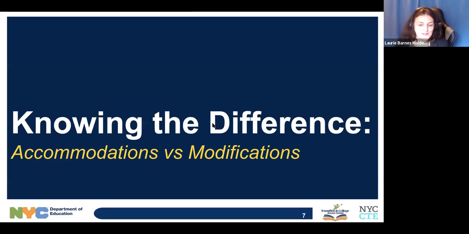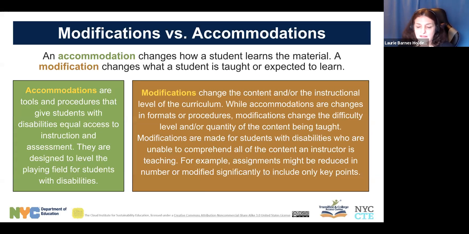Okay, and so let's just start with, we were talking a lot about accommodations and modifications in our previous two sessions. So let's talk about the difference between accommodations and modifications. So when a student has an IEP, they likely will have accommodations. So you may also hear school staff mention modification.